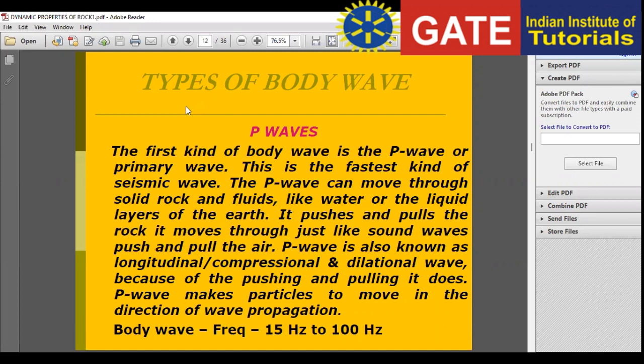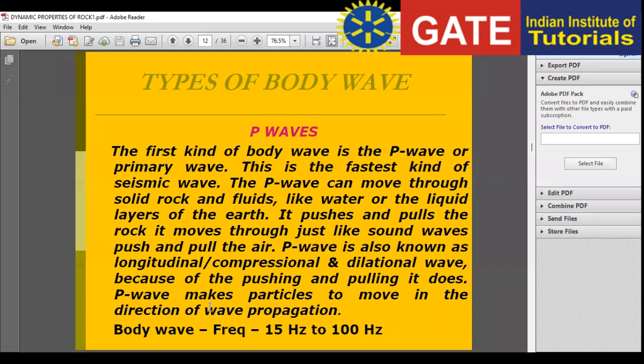P wave is also known as the longitudinal or compressional and dilational wave, because of the pushing and pulling it does.